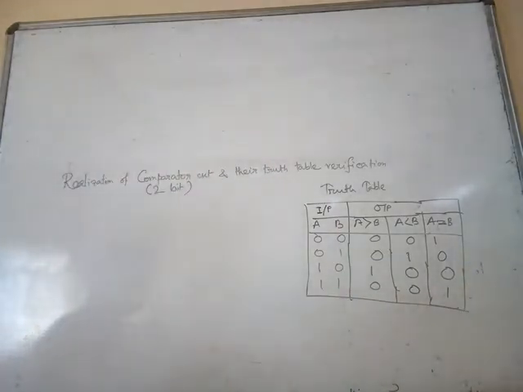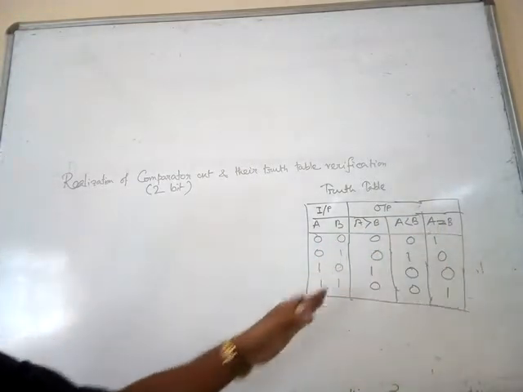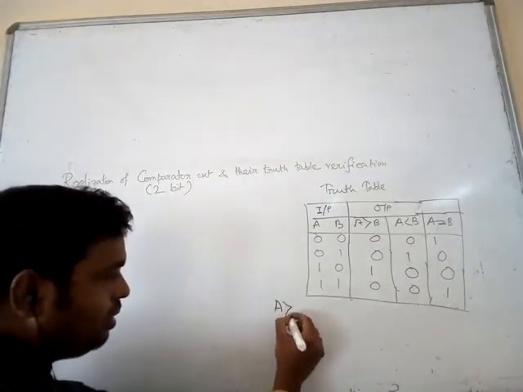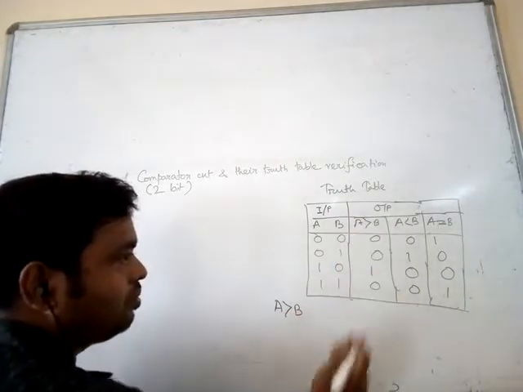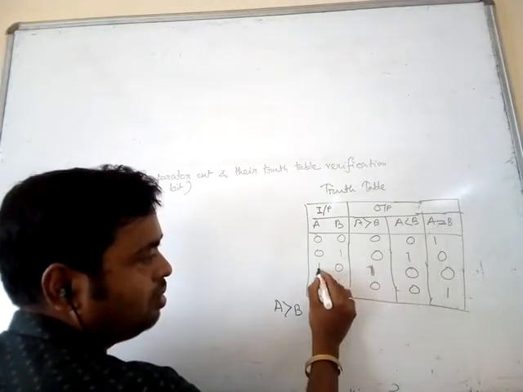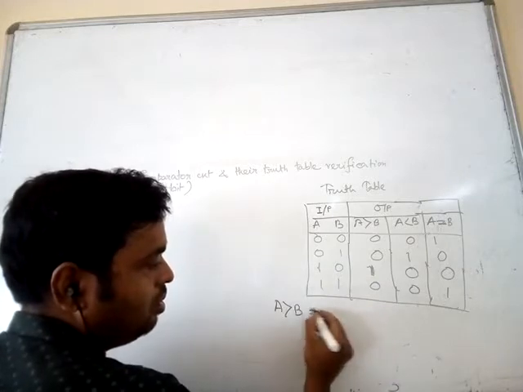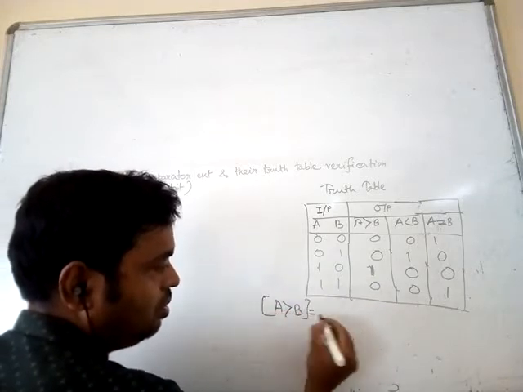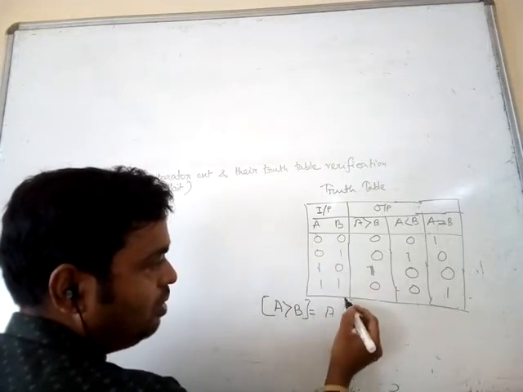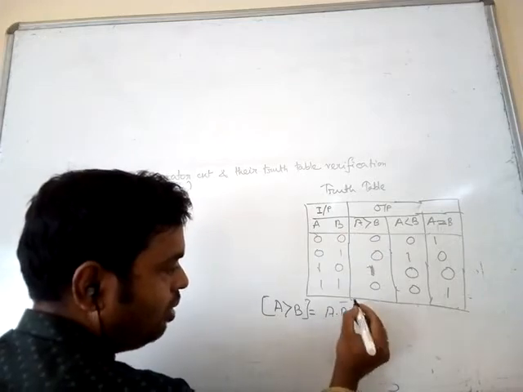From this truth table, we get 3 types of expressions. First, for A greater than B, we get high in only one case, where A is 1, so it is A, and B is 0, so it is B bar.